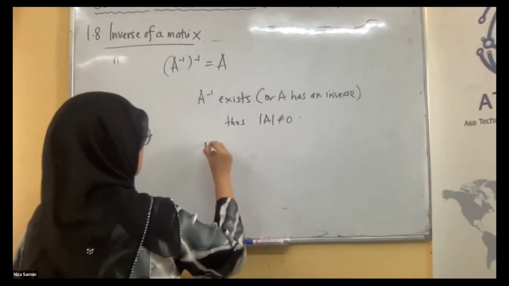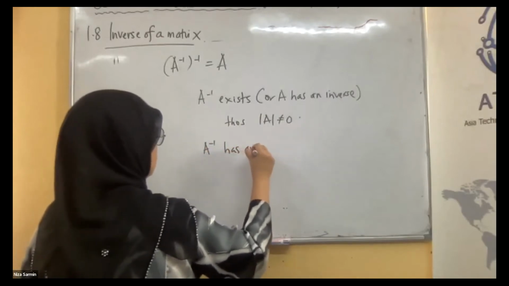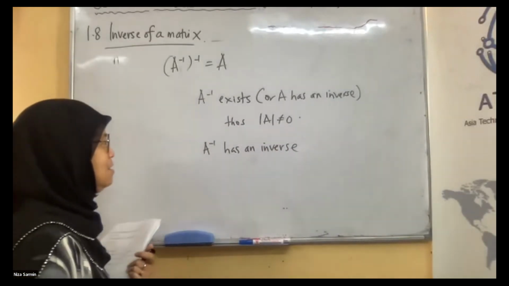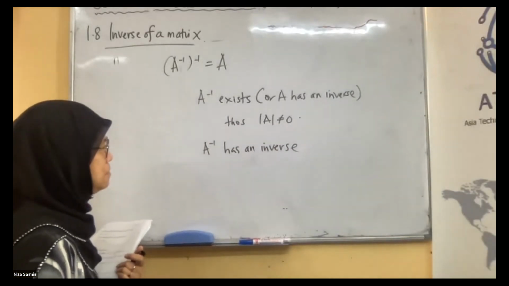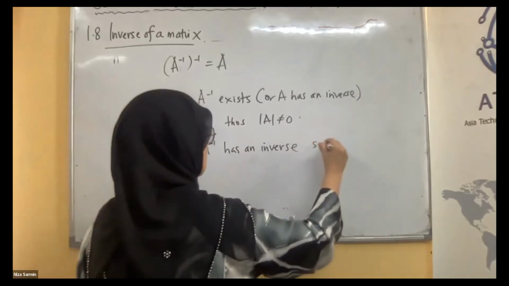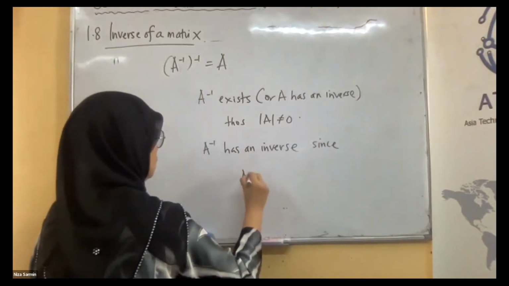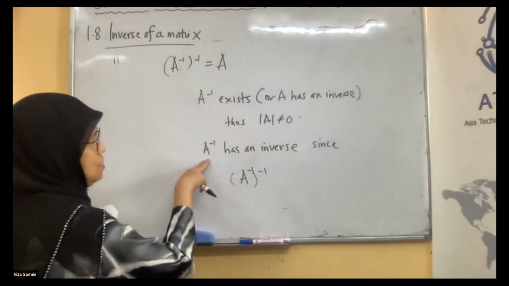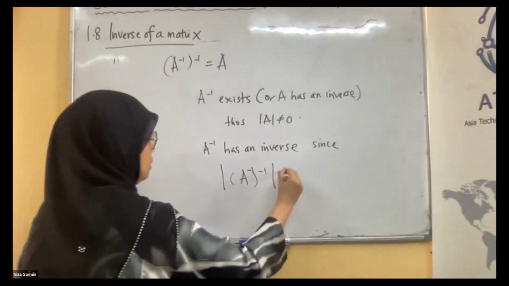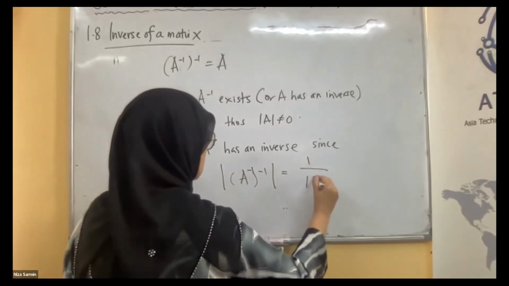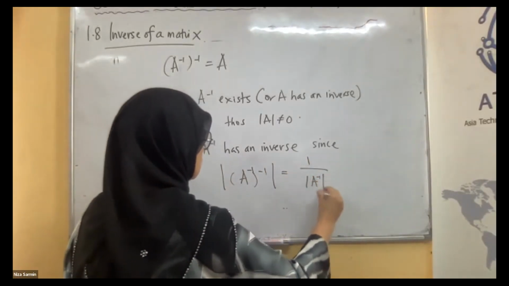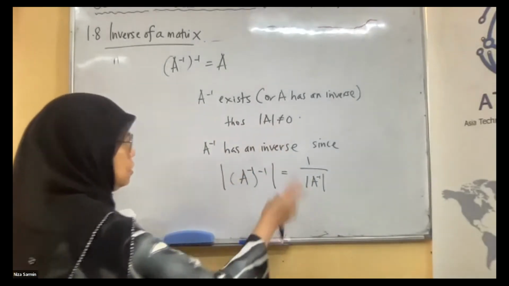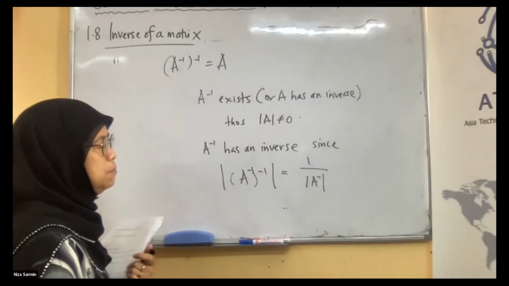Then A inverse has an inverse, since the determinant of A inverse is 1 over the determinant of A, and this is not 0.